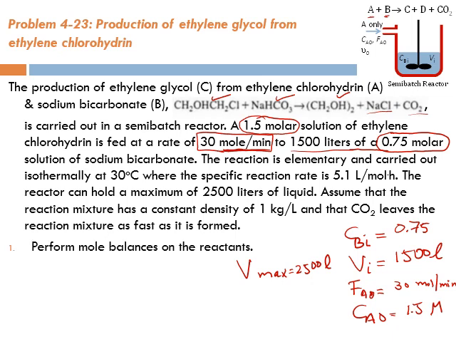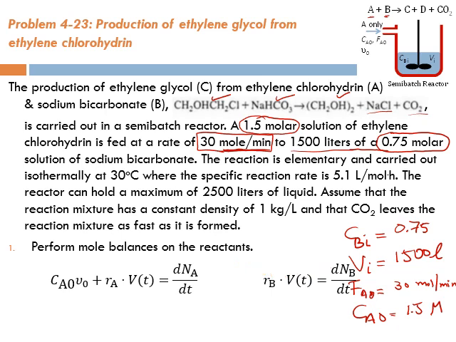Perform mole balances on the reactants. So again, input minus output plus generation equals accumulation. For A, you have input but you don't have output. So we have this equation which we kind of developed earlier.